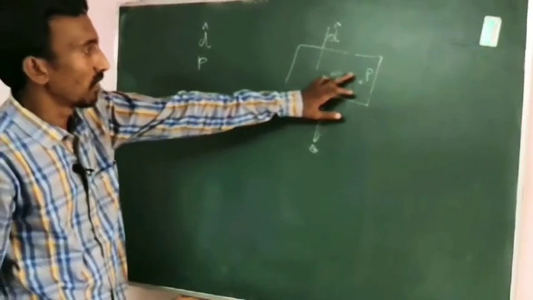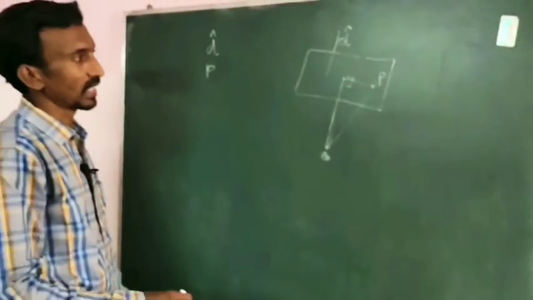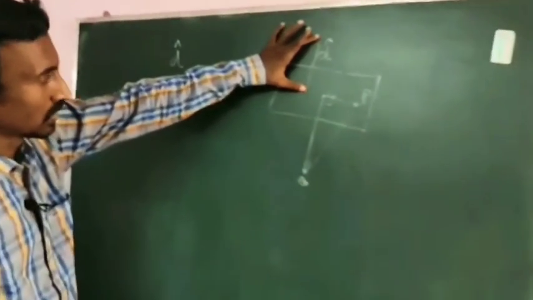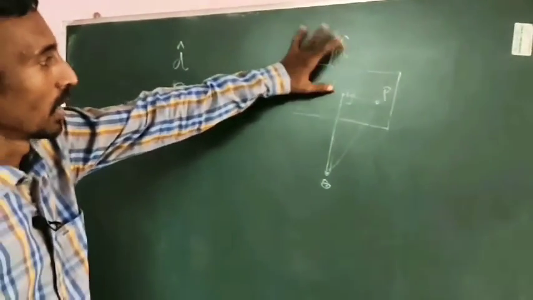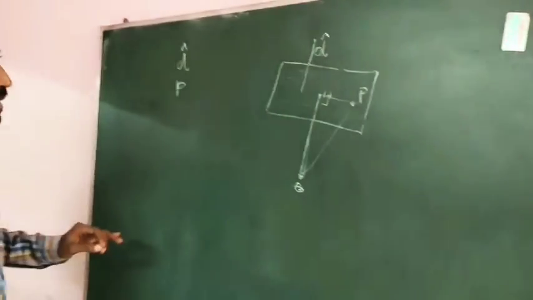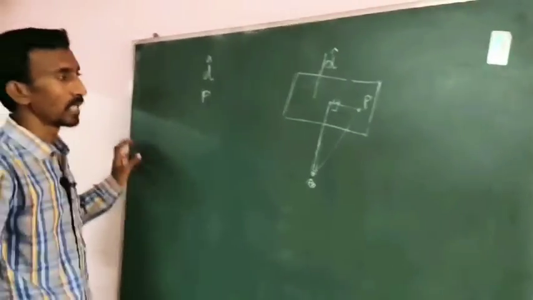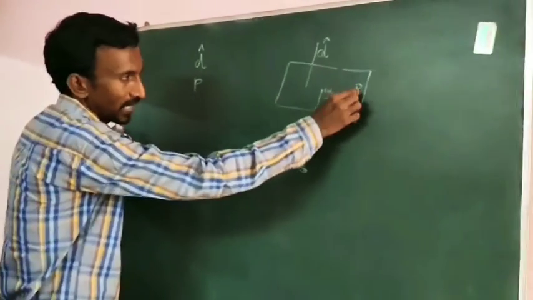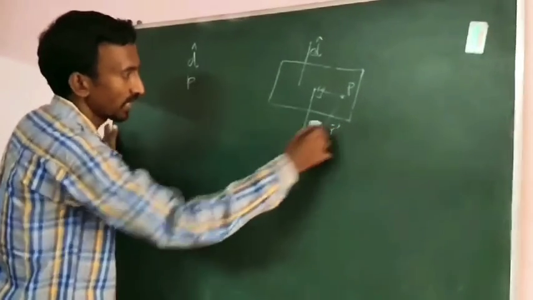So AP vector. What can we say about this D vector and AP vector? D cap is perpendicular to AP. AP means OP minus OA, and we take the position vector of P as R vector.